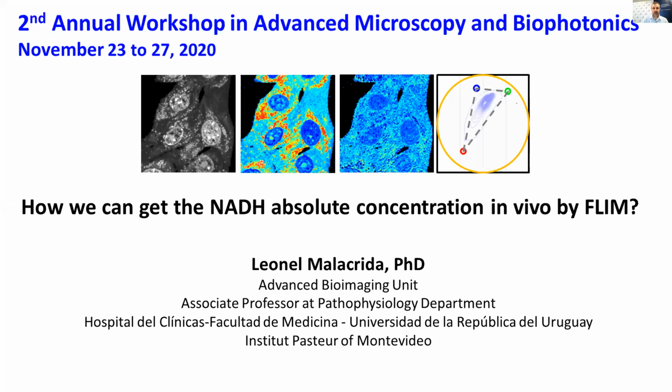So the question that I place here is, how can we get NADH absolute concentration in vivo by FLIM? This seems like a contradiction, because Enrico presented the phasor and again emphasized the independence of the lifetime from the concentration, from the change in the concentration.